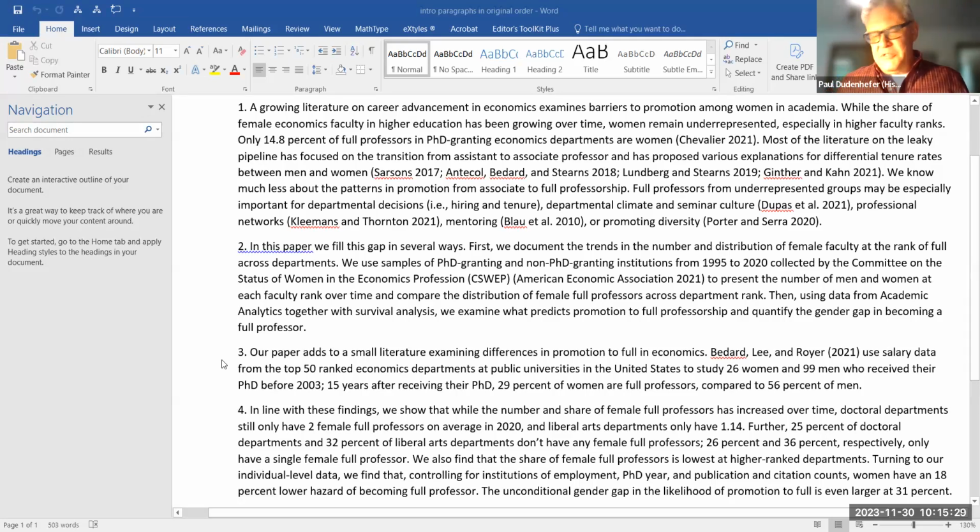The first thing is it's short. It's only 4 paragraphs long. Now I cheated a little bit here. I took this introduction from an article in the Papers and Proceedings version of the American Economic Review.